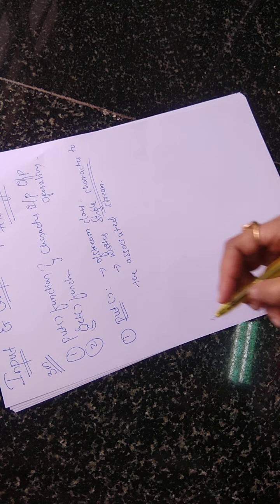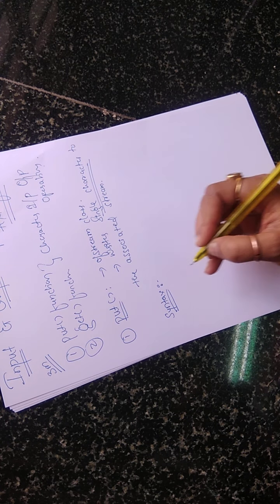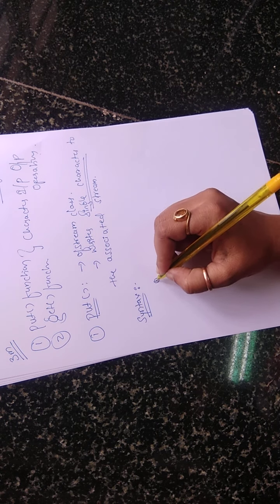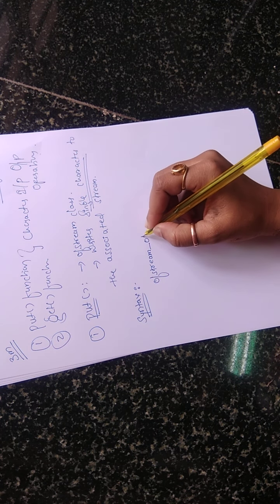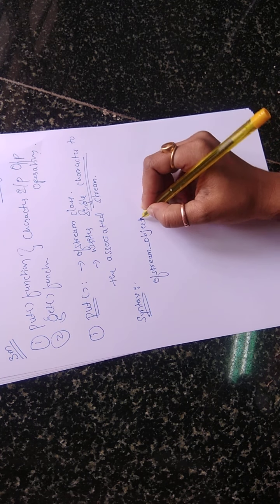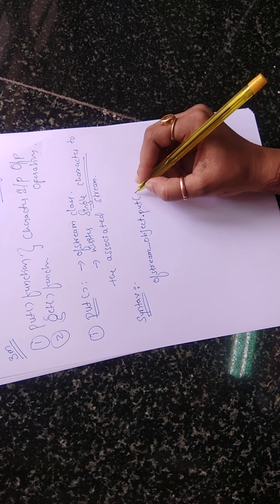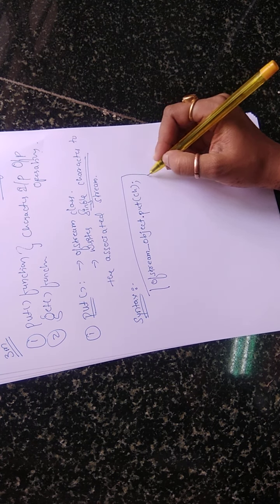We'll see the syntax, how we can work with this put function. Then I'll give you the example. The syntax comes in this way: ofstream object, dot, put function name, and in parentheses a character which you want to pass, ended with semicolon.